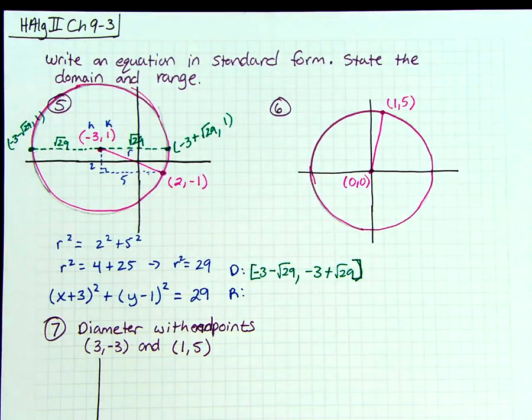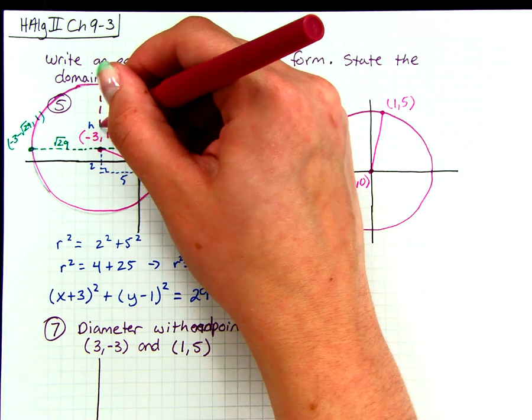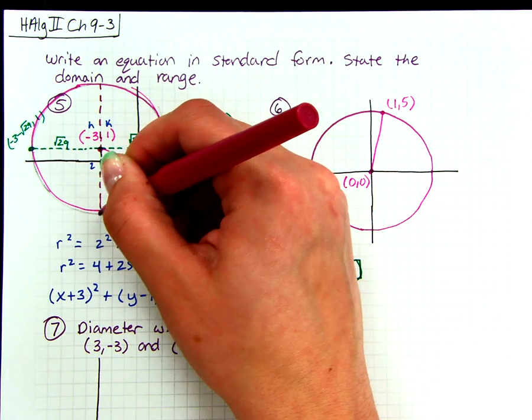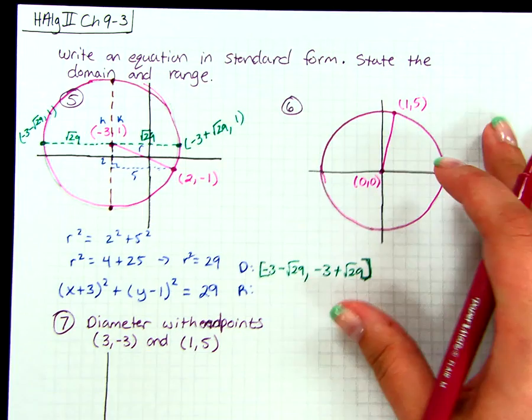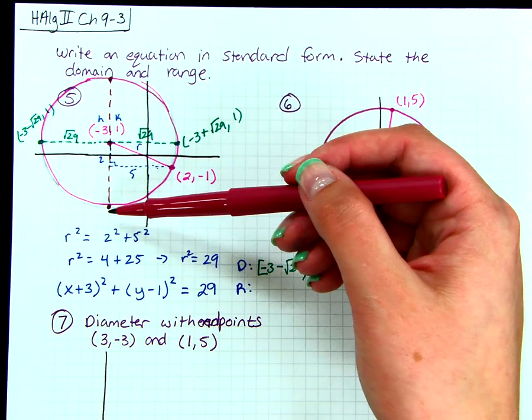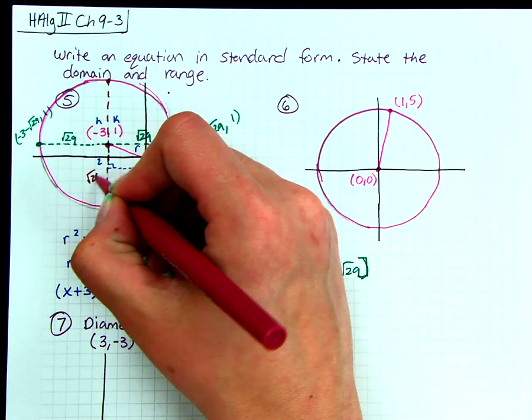So range then, let me try to use a different color here. Range is our y value, so that's this way. We care about this point and this point. Let's start with the smaller y. This distance we know is the radius, which is the square root of 29.